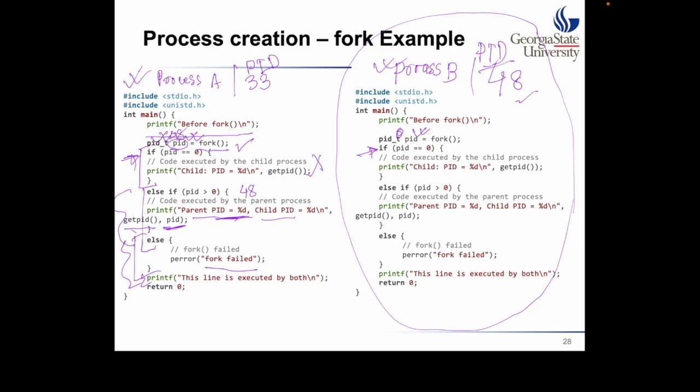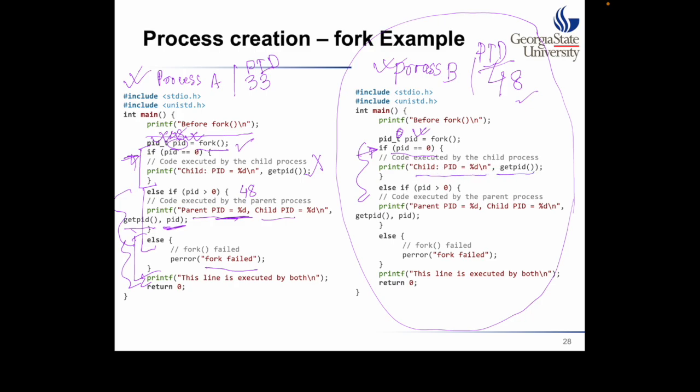Let's see what will happen for the child process. The child process will check what the value of PID is. The value of PID is 0. That means this block of code will be executed, and it will simply print child PID equals %d, getpid.